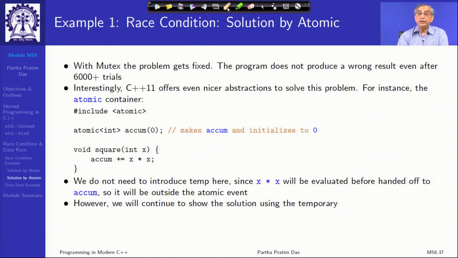Another way of doing this is using what is known as an atomic container. Atomic is a specific type of container, where whatever you put in it can be changed by only one thread at a time, not by others. So you just include this, say atomic, and things get done.